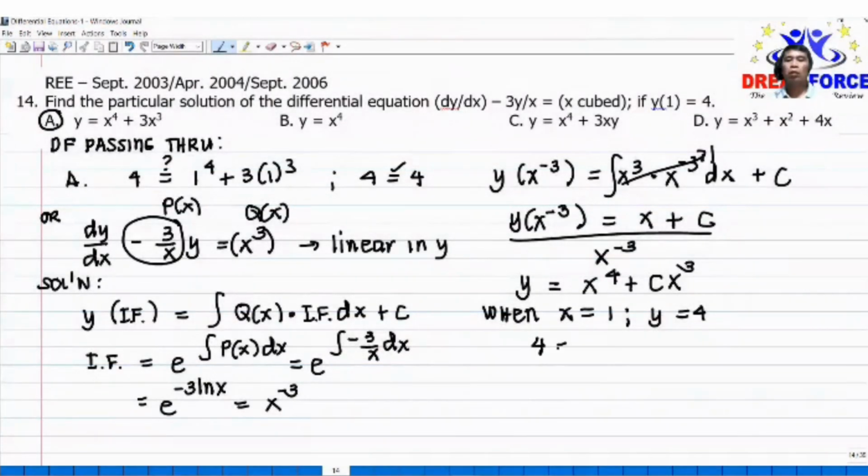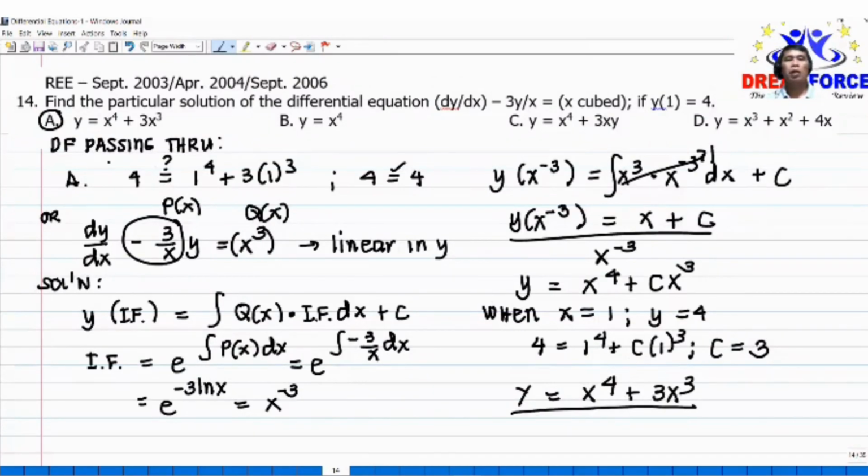So 4 is equal to 1 to the fourth plus c times 1 cubed. So constant c is equivalent to 3. So therefore, the particular solution is y is equal to x to the fourth plus 3x cubed, which is the same as letter A using the passing through.